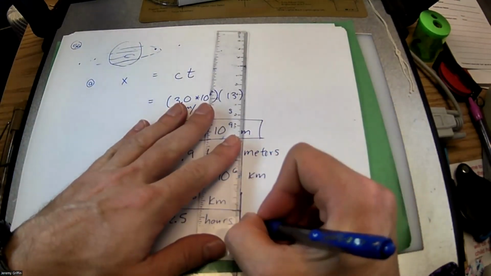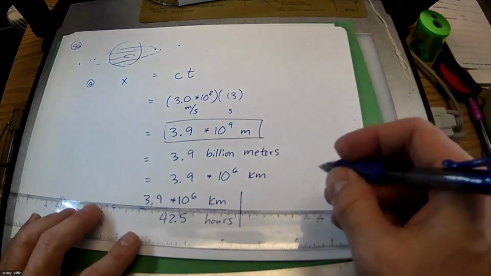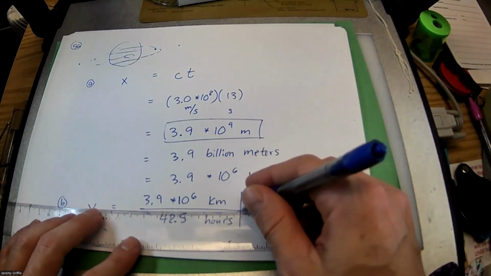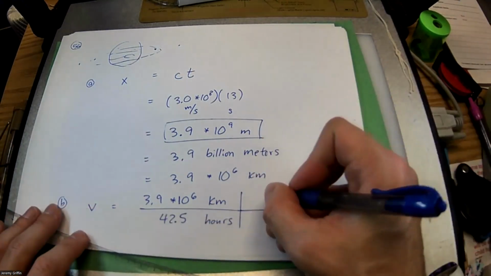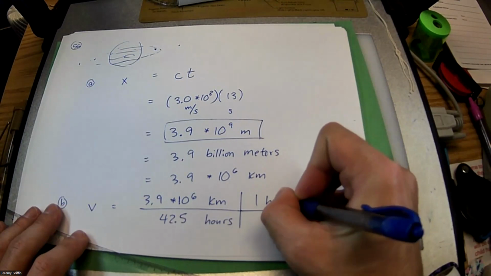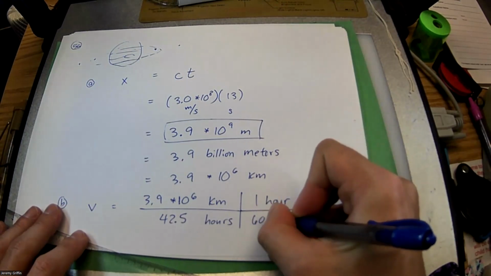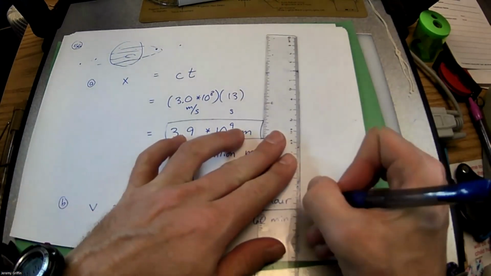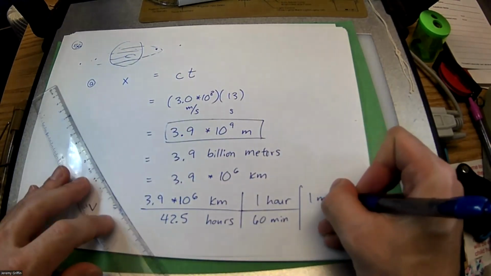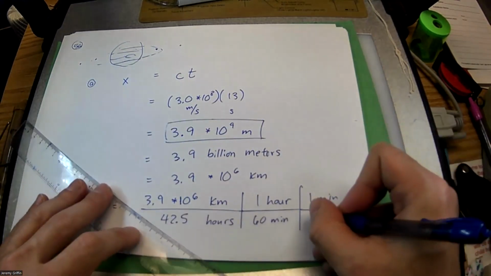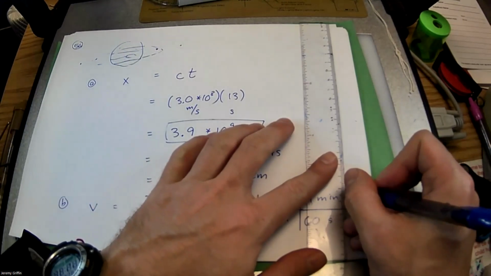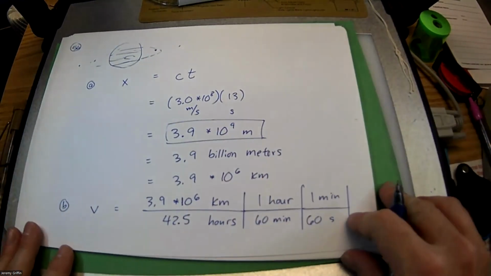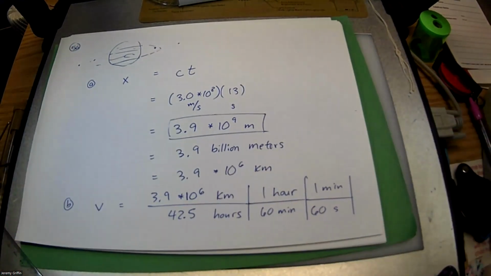You remember dimensional analysis? We've done a ton of dimensional analysis in this class, right? This is one of those handy tools that keeps coming up over and over. You can say 1 hour is 60 minutes, 1 minute is 60 seconds. Or if you like, there are 3,600 seconds in an hour. You can jump straight to that, fine too.